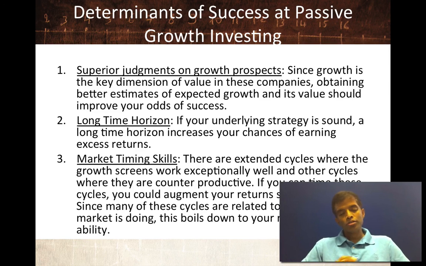High PE ratio strategies, we said, worked in certain macro time periods when yield curves were flat or downward sloping, when growth is lagging. If you're good at timing those macro shifts, you're also going to be good at exploiting them with growth stocks. So maybe you're a macro or market timer, and that allows you to be successful using screens for buying the best growth stocks.